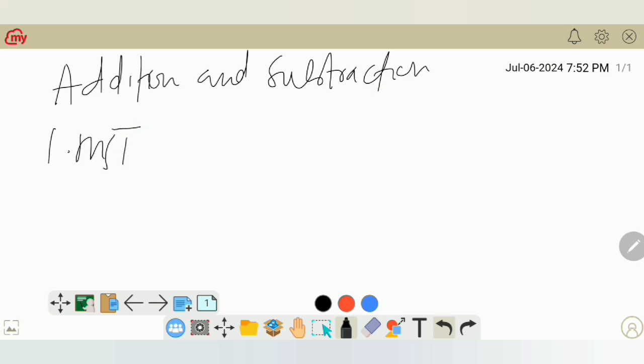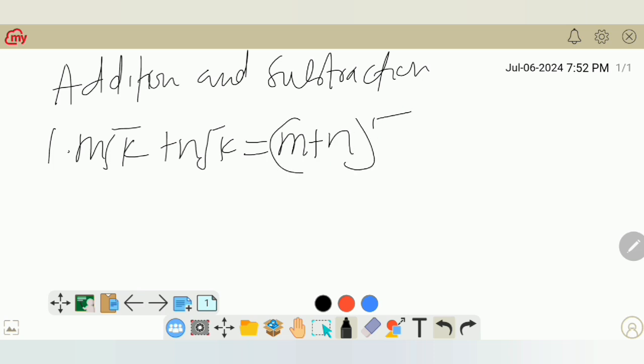m of root k plus n of root k is equal to m plus n root of k. Notice that they are like.